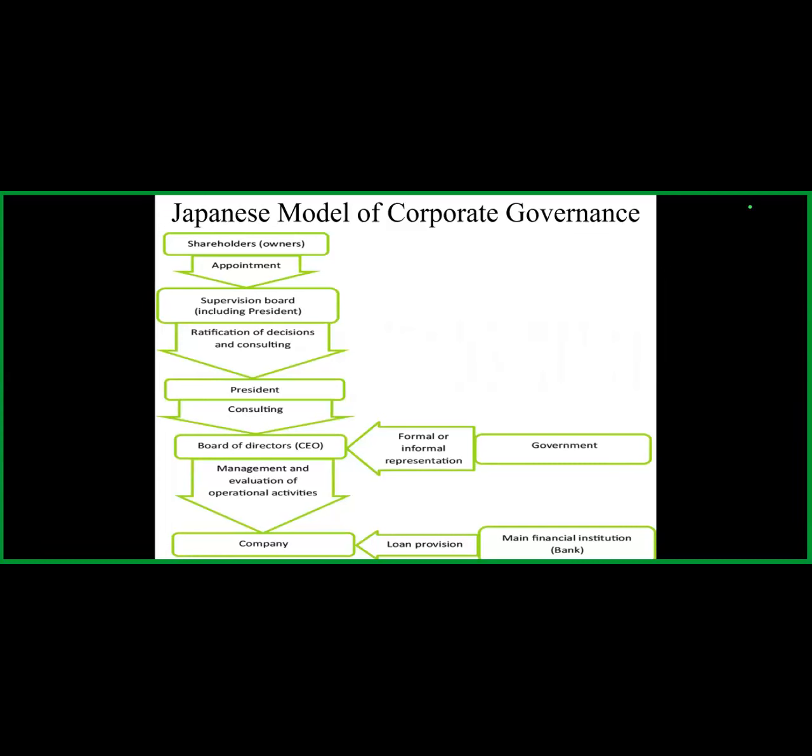And the company, if they want to raise capital, has a loan provision provided by the financial institutions, mainly the banks which are operational in Japan. So this is how the Japanese model of corporate governance works.